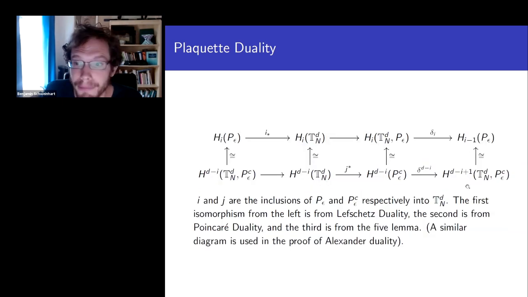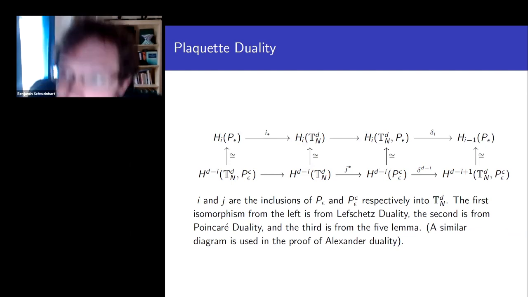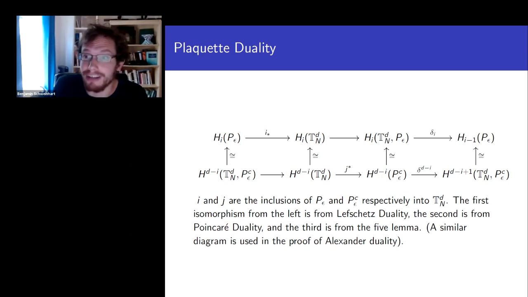I wanted to say just a couple words about the proof of it, in case you've seen some more algebraic topology. The proof goes very similarly to the proof of Alexander duality, if you've seen that, which says that if you're in a sphere, there's a relationship between the homology of a subset of a sphere and the homology of its complement. To prove that, you set up a commutative diagram like so, and you do some diagram chasing.